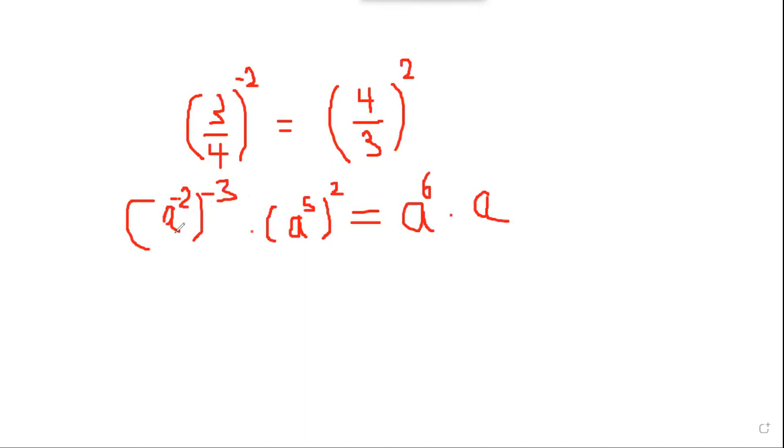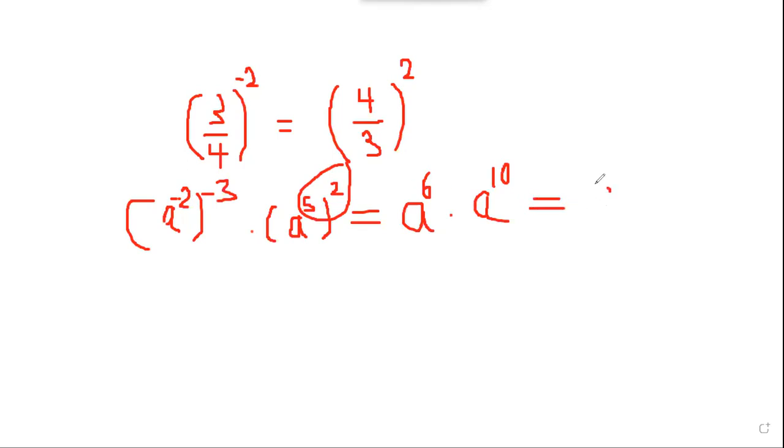We said that we are going to multiply -2 times -3, so it will be a to the power of 6. Next, we have a to the power of 5, all to the power of 2. We will multiply the exponents together, so it will be 10.